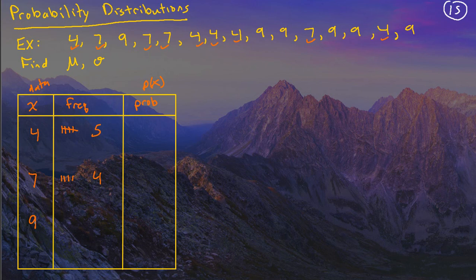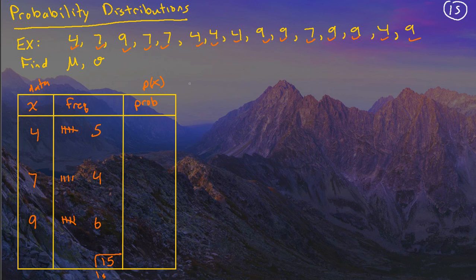And for 9, I have 1, 2, 3, 4, 5, 6 9s. Now I know I have a total number of data here of 15. You might even put that 15 down here as a total box. But I have 15 pieces of data.